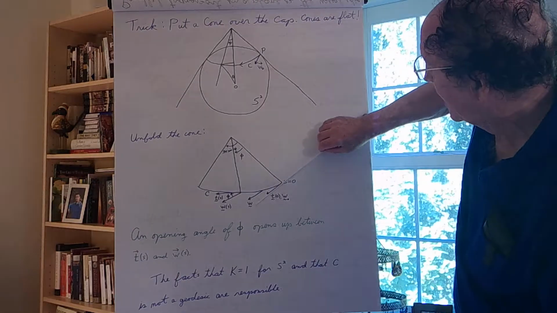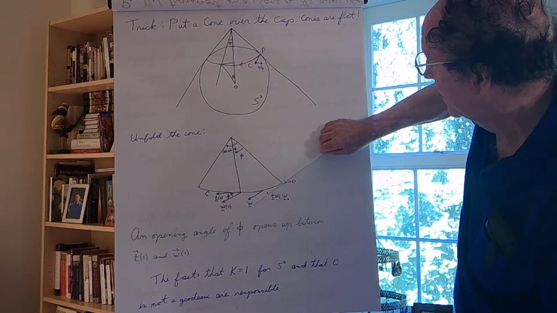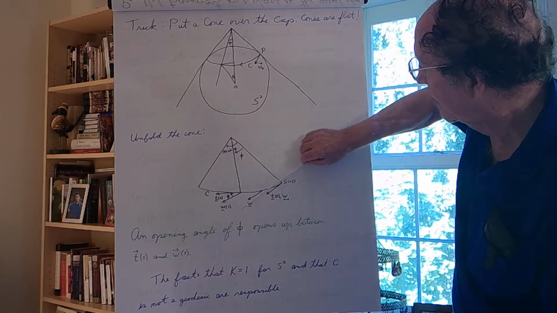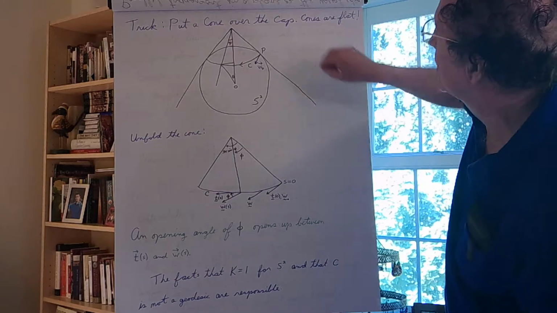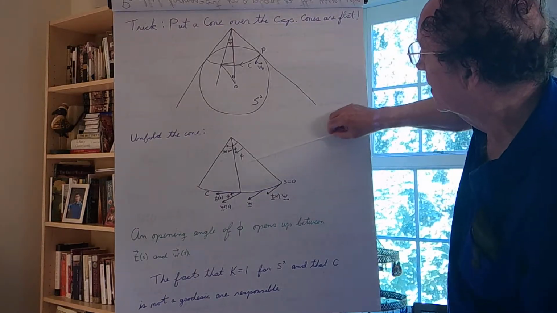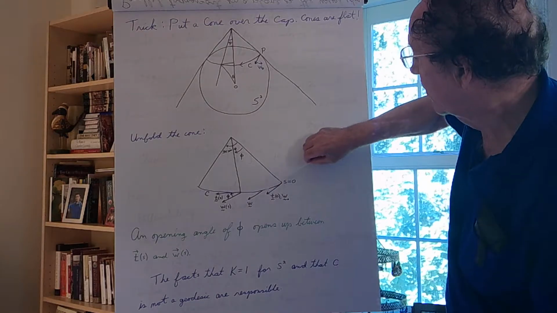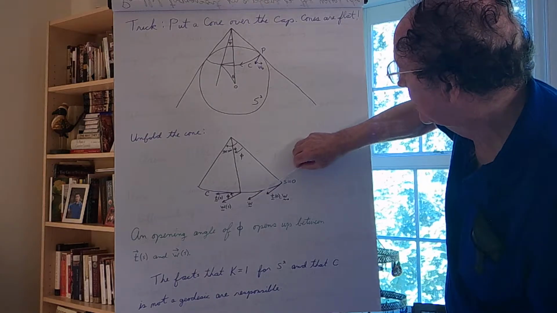So here it is at the beginning of the curve. Here it is halfway through. See, parallel. I've unfolded this cone, which is flat, laid it down on my poster board, and so W stays parallel to itself.